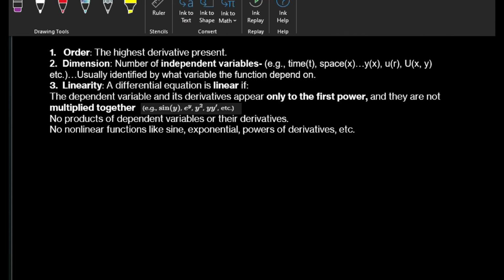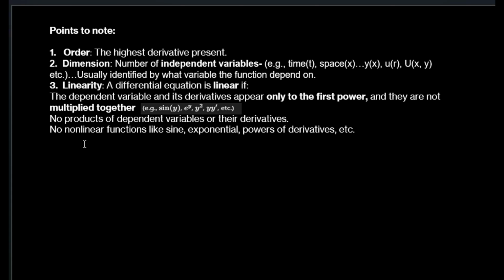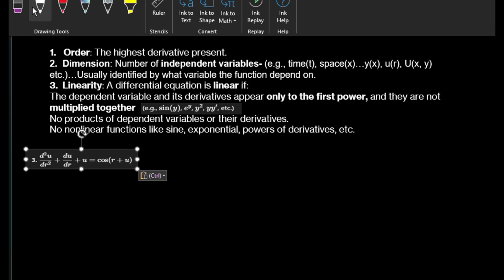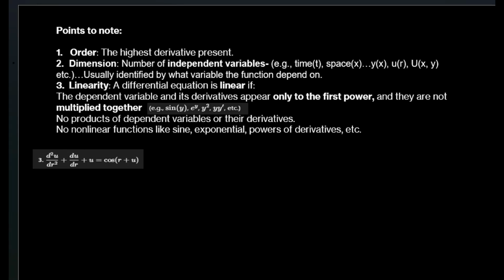So we have d squared u over dr squared plus du dr plus u is equal to cos of r plus u. First we are supposed to find the order. The order simply is d squared u, so that is 2. That's been differentiated twice.